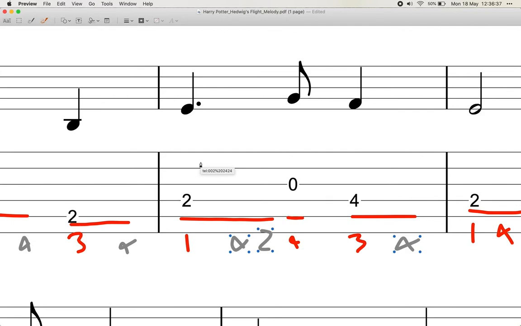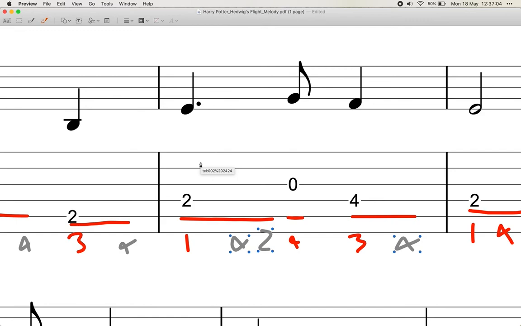So here we go. 1 and 2 and 3 and. Do that one more time for you. So remember, we're playing the notes exactly the same time as we're seeing the red numbers underneath. So, and here we go. 1 and 2 and 3 and.